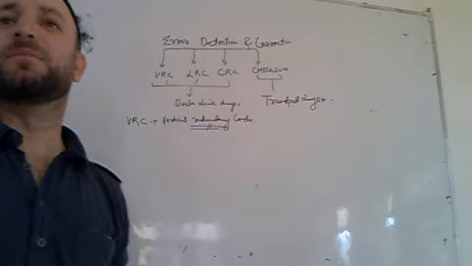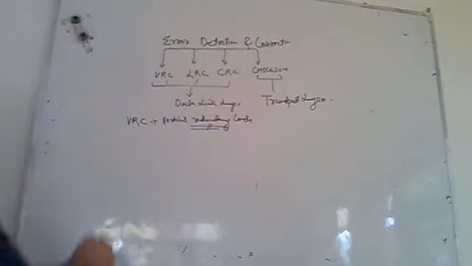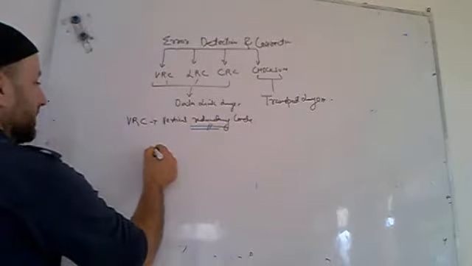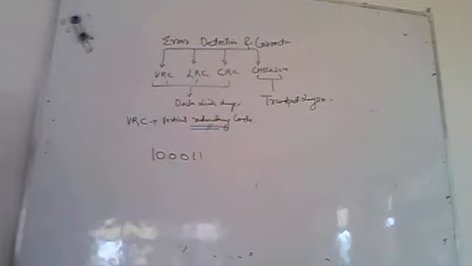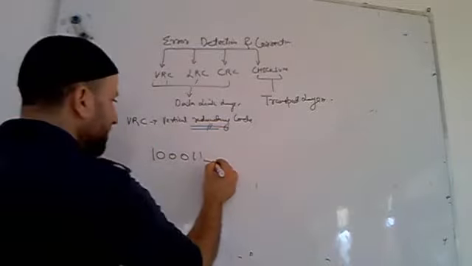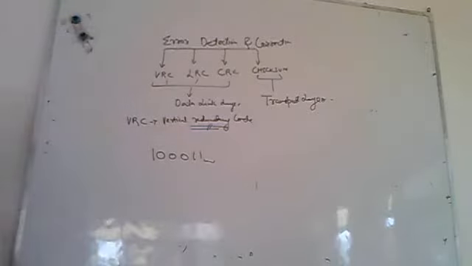We add something, a parity bit. It's like this, listen. If we have, for example, data 1 0 0 0 1 1, and I add a parity bit to it. Parity can be even or odd.